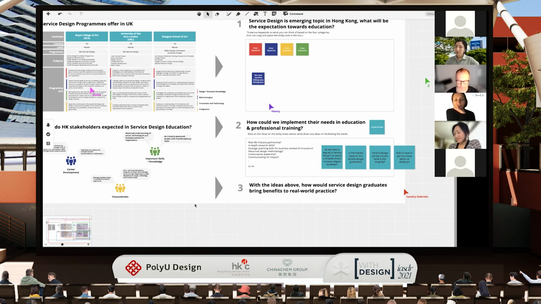But on the other hand, you want to also have that macro and ecosystem level thinking, and you want to be able to inspire them to disrupt service design practice, and teach them how to navigate uncertainty, especially in socioeconomic transformations in many different ways.